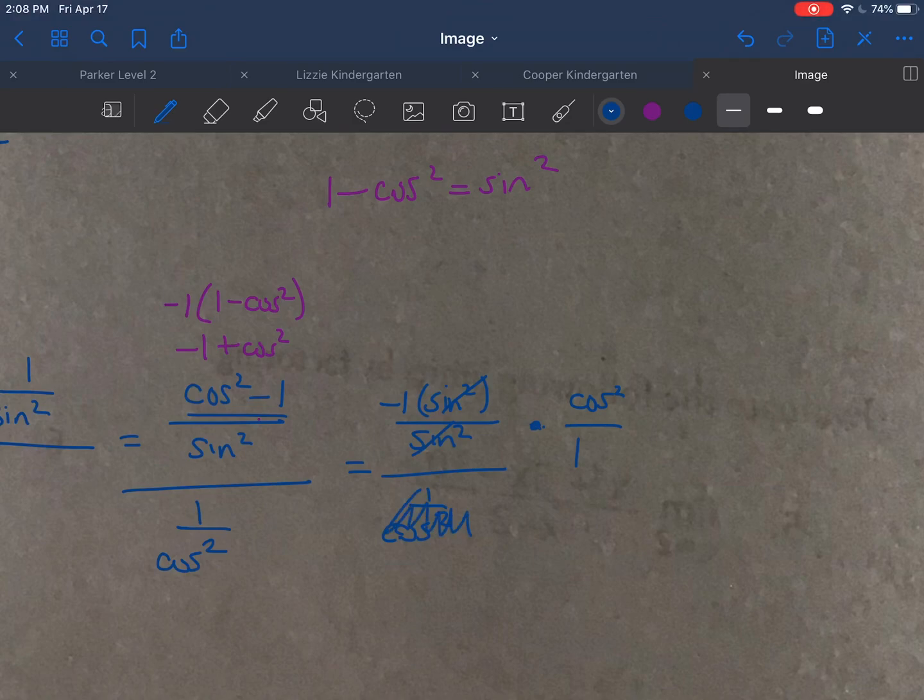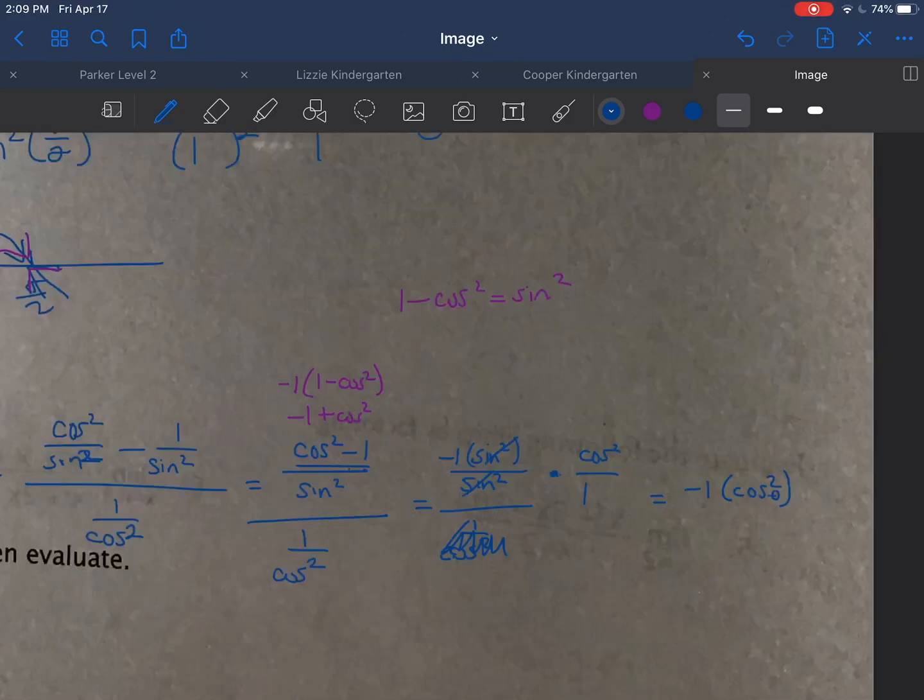Now on the top I have negative 1 times cosine squared. I'm going to leave it written as negative 1 instead of just negative cosine squared because remembering your negative rules and order of operations here can be a little tricky. I'm going to go ahead and throw my theta back in because we're near the end. Over 1, so we've simplified this now.